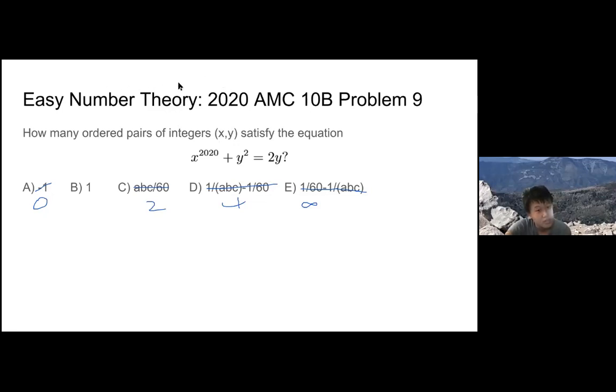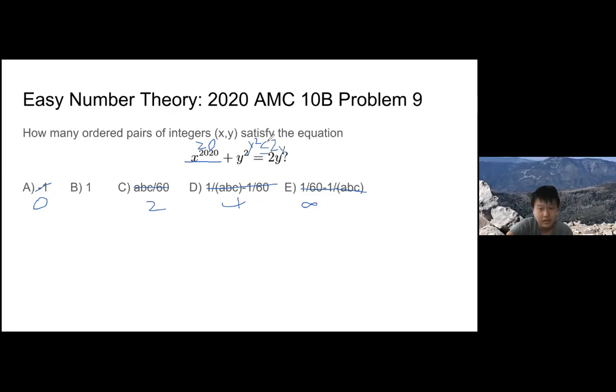Well, the key point to notice, first of all, x to the 2020, that's a perfect square because the exponent is even. This means that it's non-negative, which means that y squared must be at most 2y.